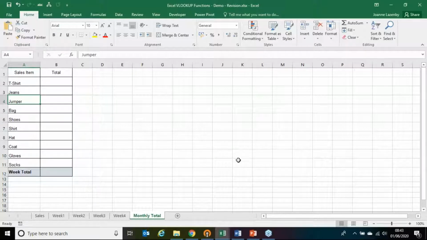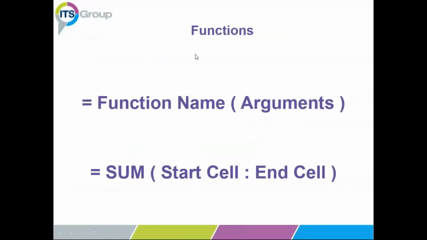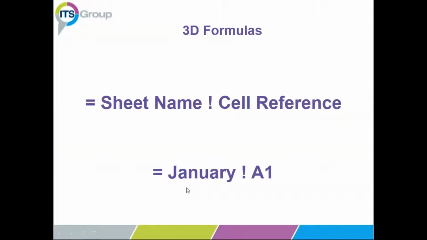Again, having an understanding and being able to read functions is essential. So as we were talking, when you're working with functions, they're always written the same way. So the function name, open brackets, arguments, close brackets, and an example of the sum function that we've got there.